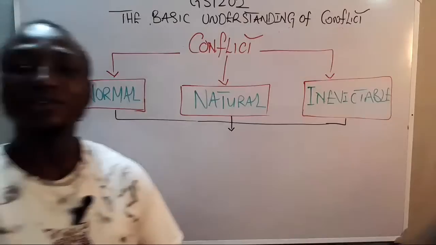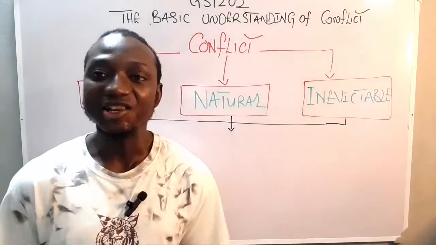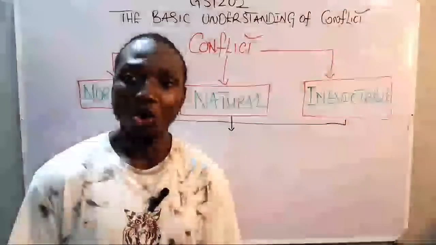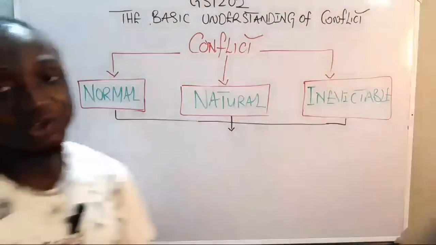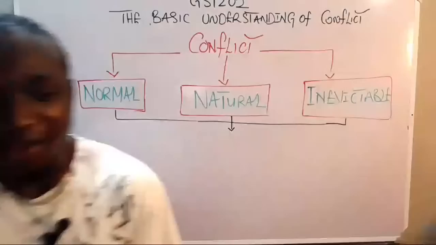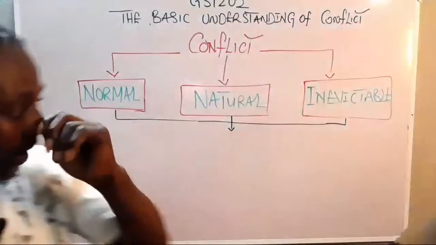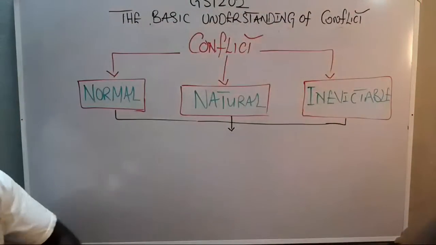You might have difficulties, challenges choosing a particular line of discipline. Conflict within yourself. You want to go here, you don't want to go there. You are trying to weigh your chances. So it is normal. Now that is even within you.